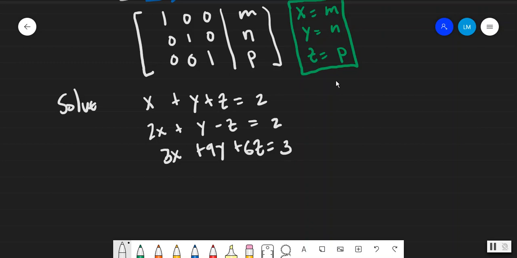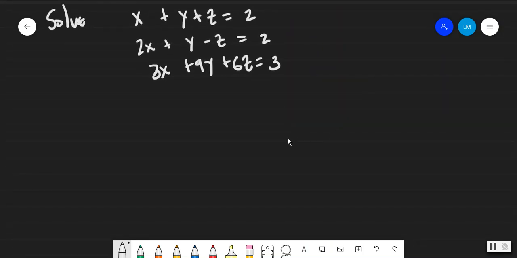Now in this case we can go ahead and figure out the solution to this system of equations. The first step that you would need to do is augment the system.